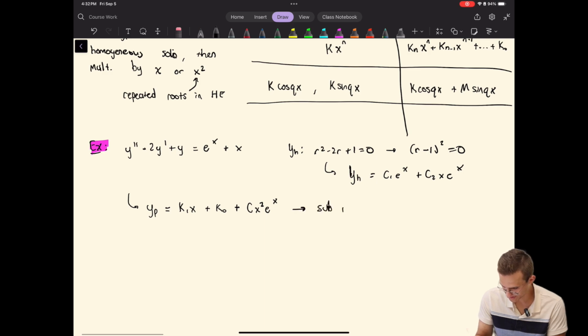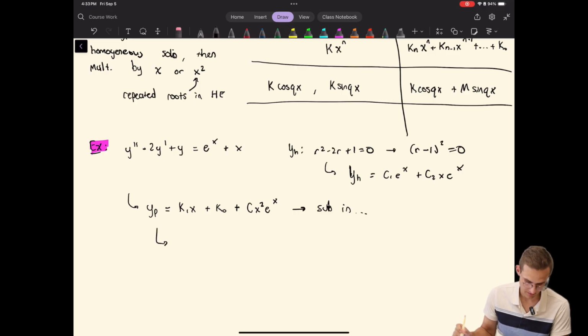Which I am not going to do here. I'll let you work that out. It's just algebra at the end of the day. But I'll go to the last line here because it shows you how you solve this in general.